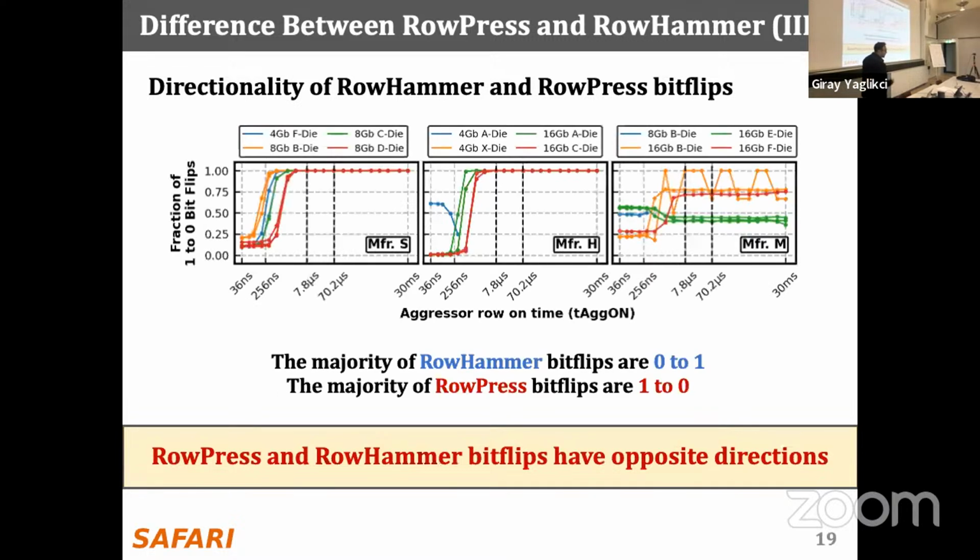Then we look at the directionality of the RowHammer and RowPress bit flips. Directionality means: do you flip a bit from 1 to 0 or 0 to 1? The observation based on these tests is that the majority of RowHammer bit flips go from 0 to 1, but RowPress bit flips are more dominant going in the direction 1 to 0.